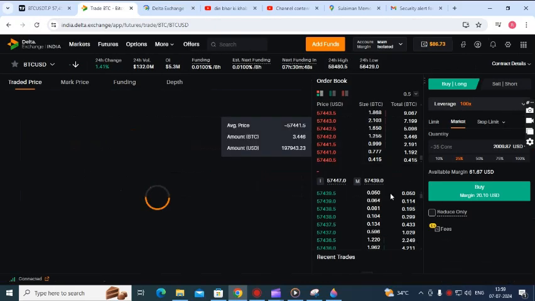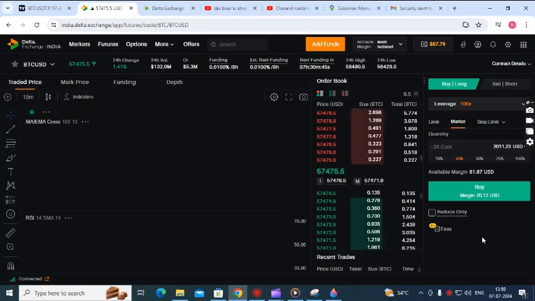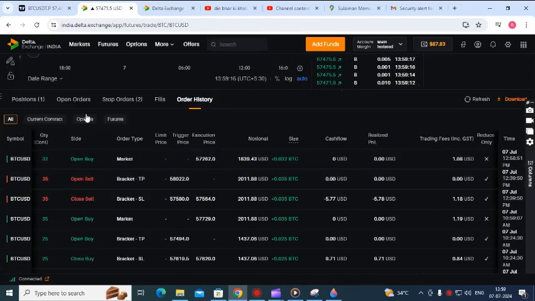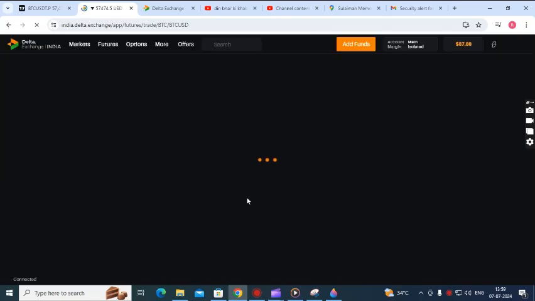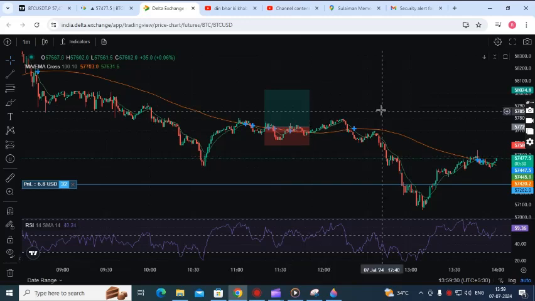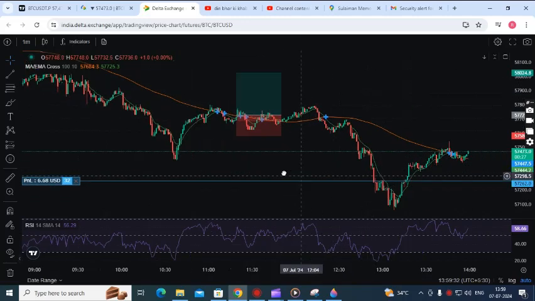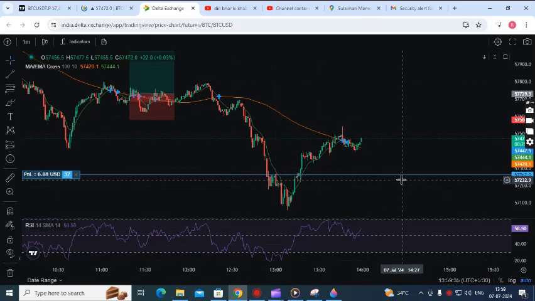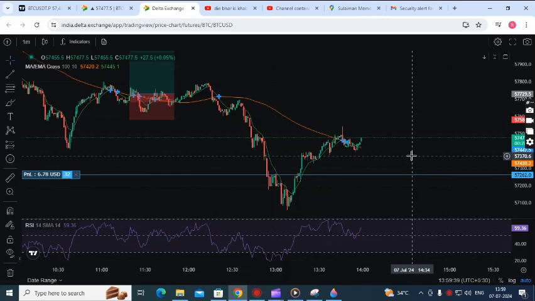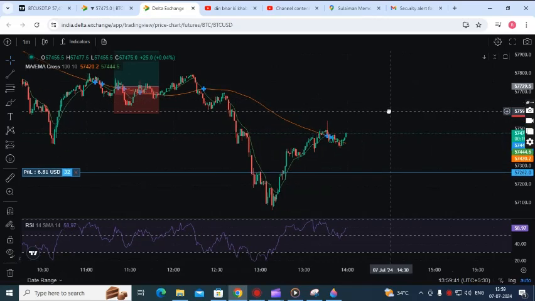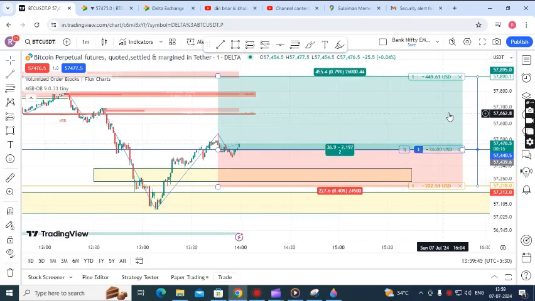Sometimes it doesn't remove the stop loss of the old trade. So you can see here, guys, it has taken some jump from here. Okay, so I will also put the stop loss here below this. So here, what is our target?